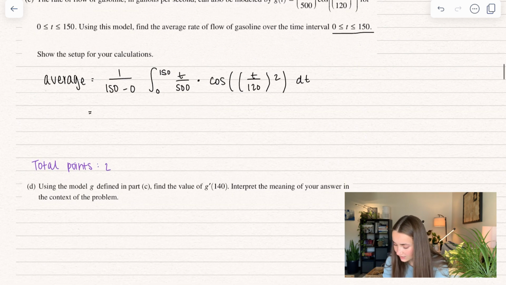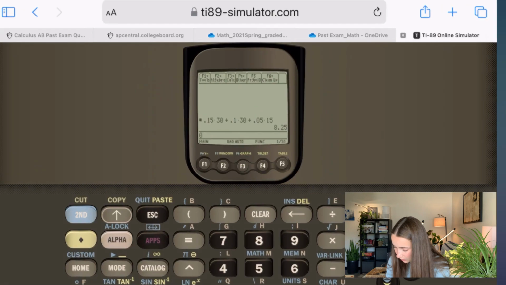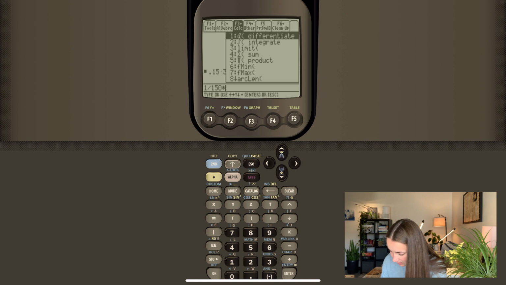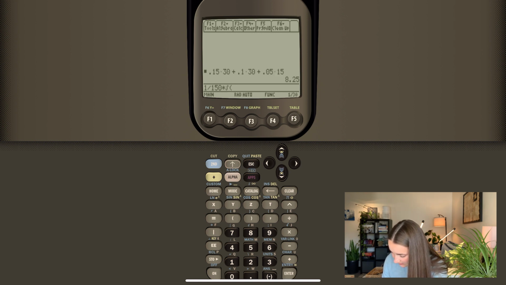So let's go over to our calculator. We're going to do an integral. So first I'm going to take that first part, which is 1 divided by 150 times, and now we're going to go to calculus. So I'm going to hit F3. I'm going to go to integrate, and now we type in our function. So that is going to be t, or I'm going to use x in this case, divided by 500.